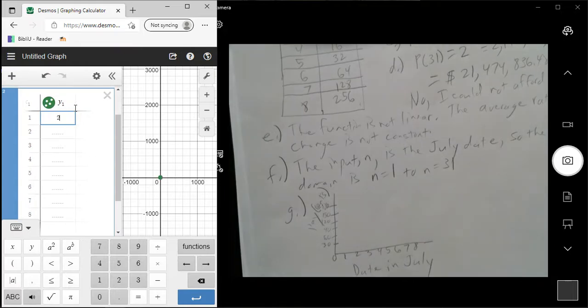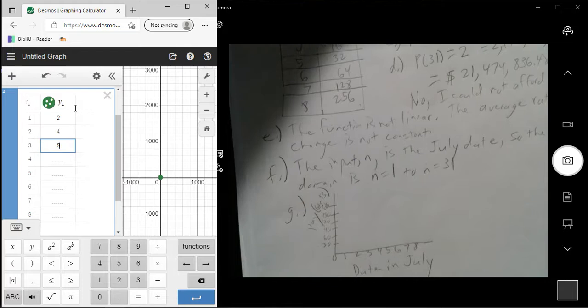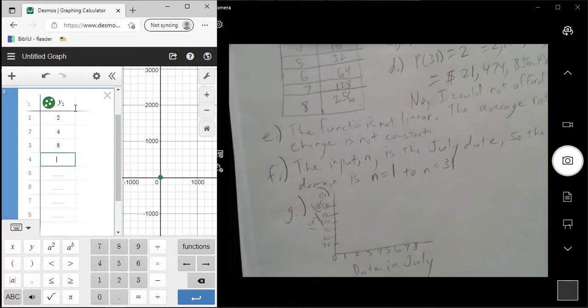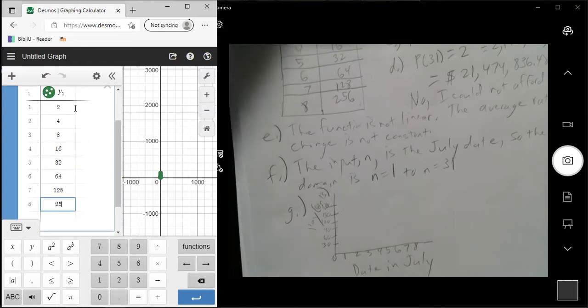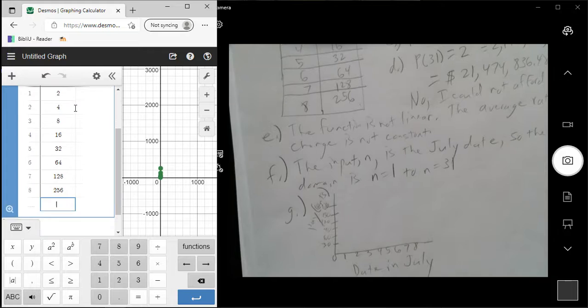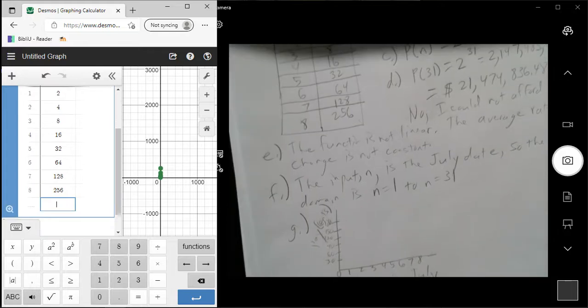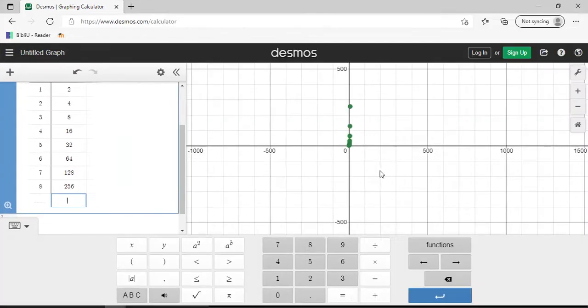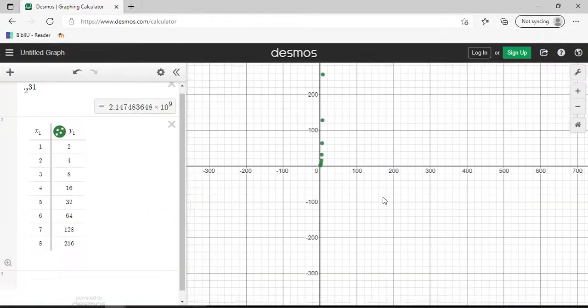We had 2, 4, 8, 16, 32, 64, 128, 256, and that's it. All right, now I want to show this graph a little better here.